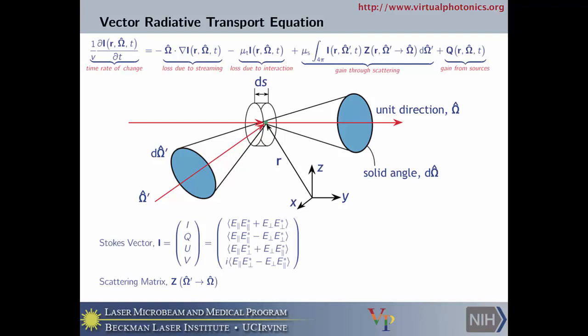So the radiance is replaced by the Stokes vector I, which is now a 4-component vector. And the other thing that changes here is that the phase function is replaced by Z, which is a scattering matrix, which tells you how a scattering or interaction of light of various polarization states may deplete one component of the Stokes vector and repopulate other components of the Stokes vector.